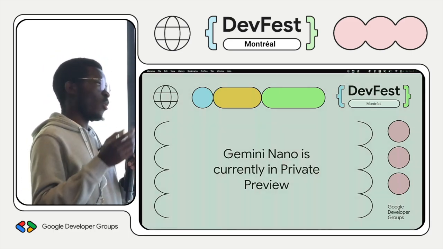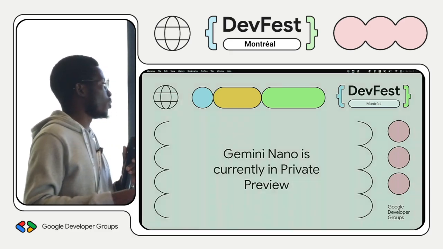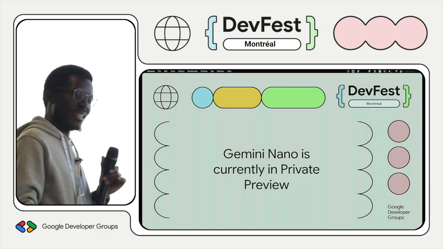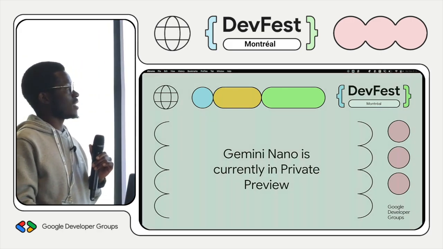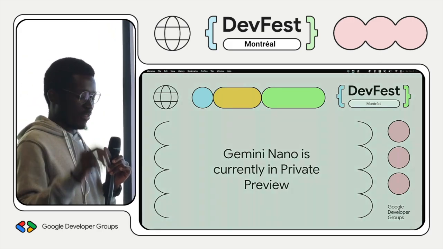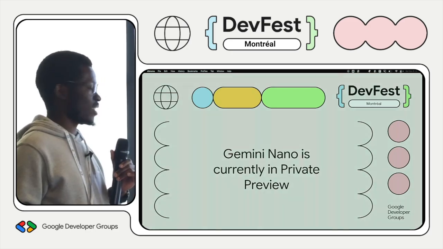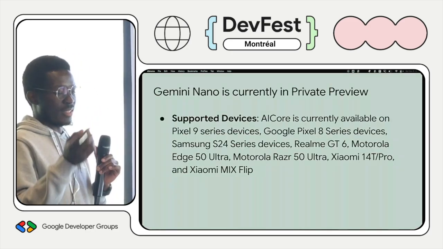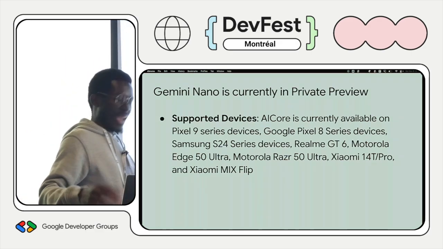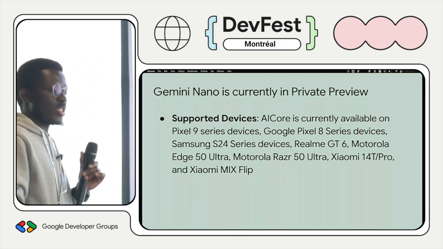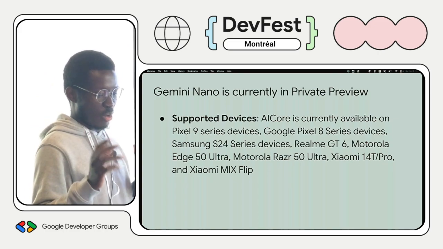Gemini Nano with AI Core can help you do that, but currently it's only available in private preview, which means only a limited number of companies have access to it, and it's available on the Pixel 9 series and 8 series, the S24 series, some Realme and Motorola.